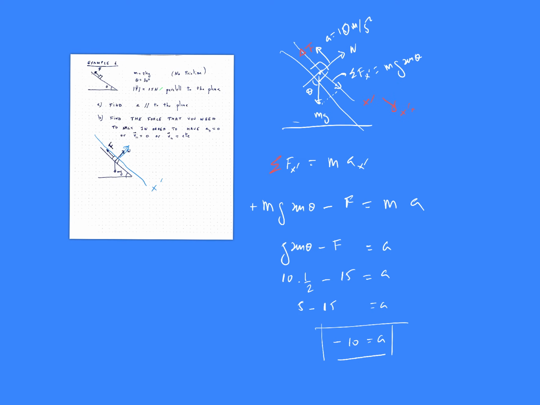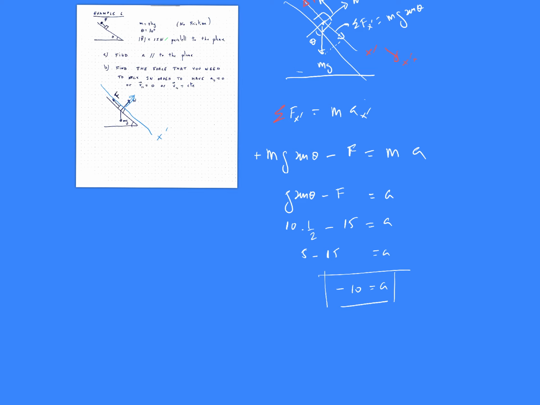Now it says, find the force that you need to apply in order to have zero acceleration. So I want to create a new condition of equilibrium where the acceleration is zero. How will I do it? The force that is being applied is the 15 going up. So I have the body, I have 15 newtons going up.